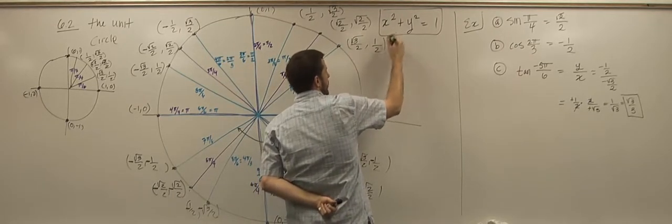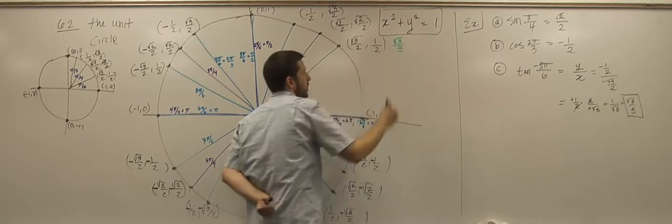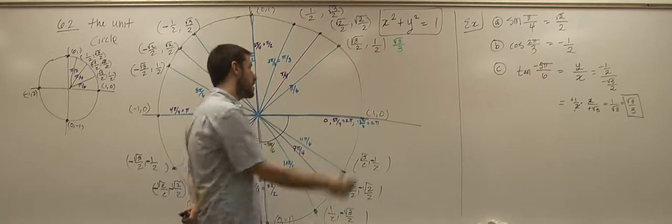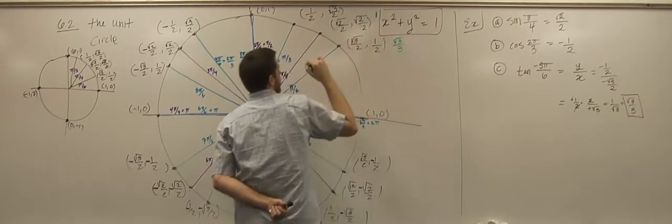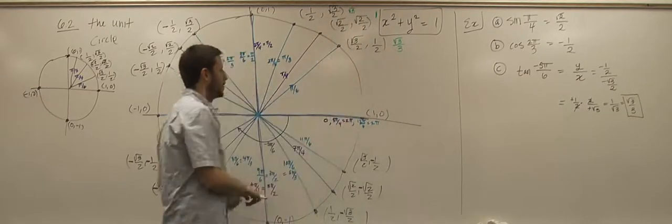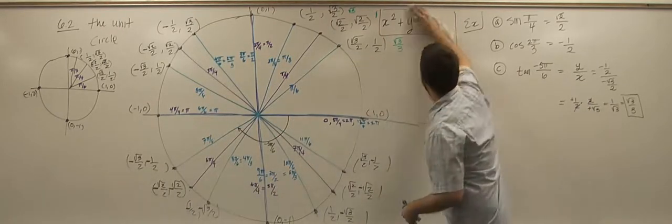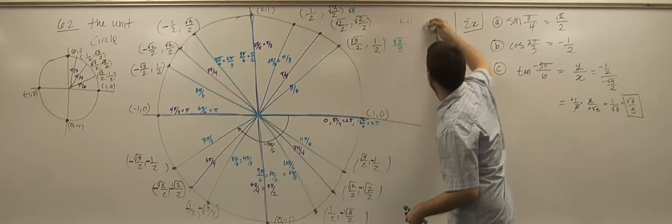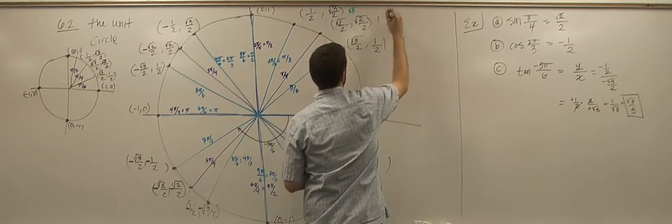Tangent at a pi over 6 reference angle is root 3 over 3. Tangent at a pi over 4 reference angle is 1. And tangent at a pi over 3 reference angle is root 3. These are your tangent values.